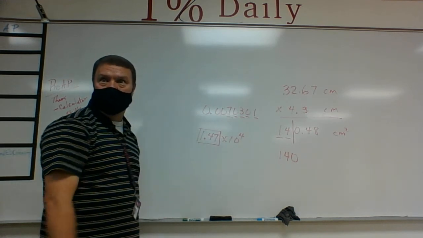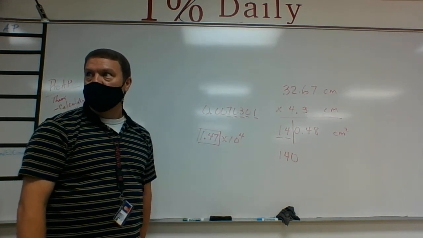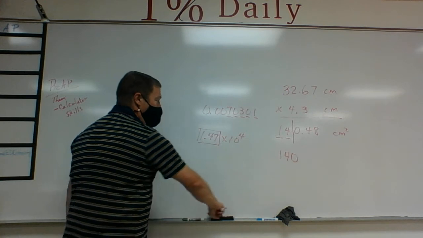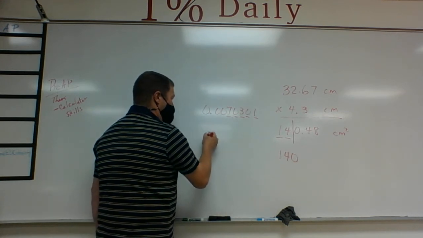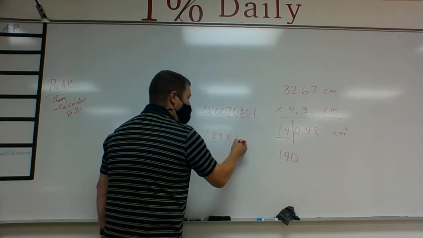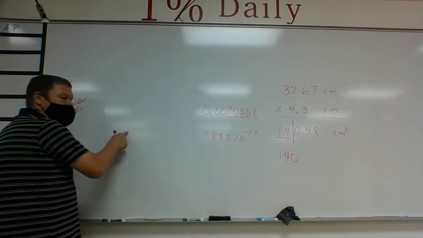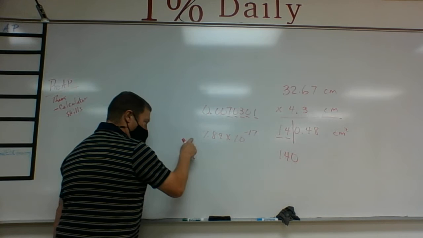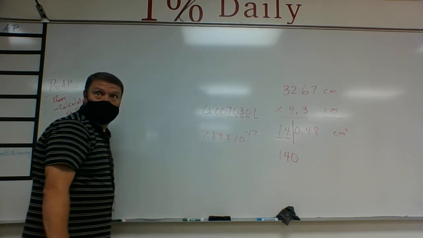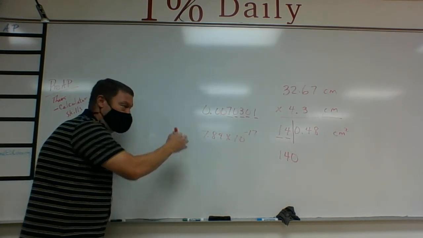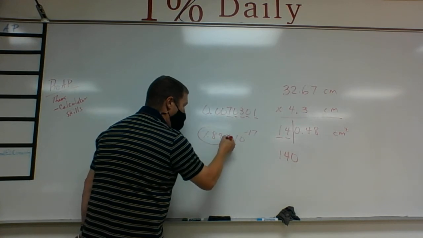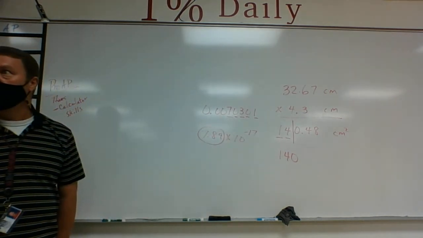That's how many sig figs there are. So if I had 7.89 times 10 to the negative 17th power, I'm going to go 1, 2, 3, and those are all placeholders. All I got to do is count right there. That's how many sig figs I have.